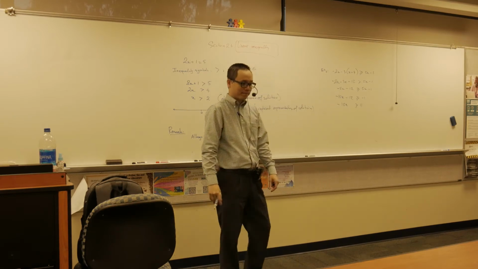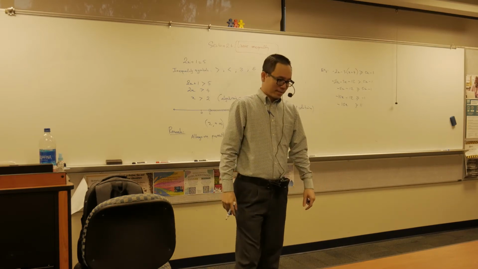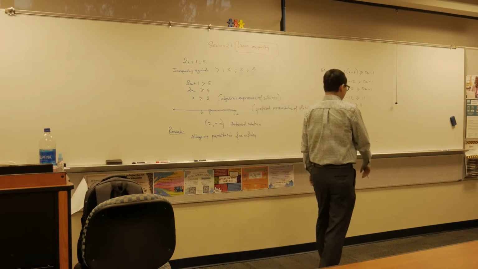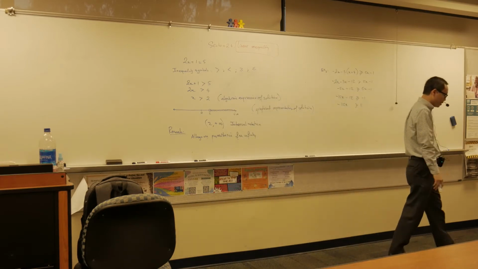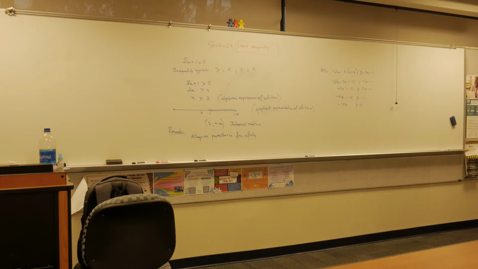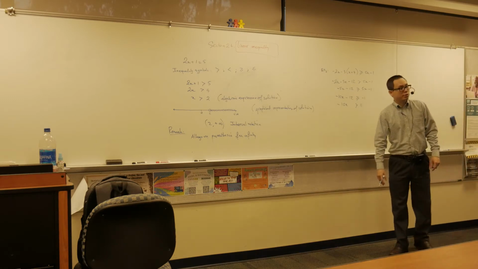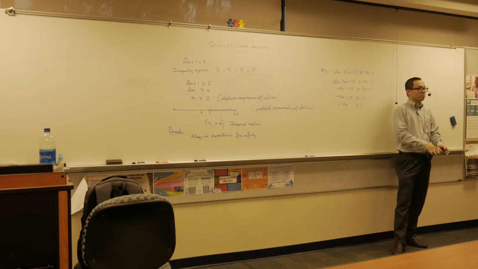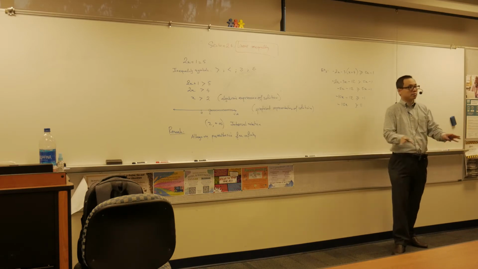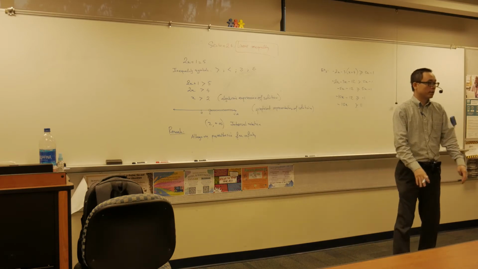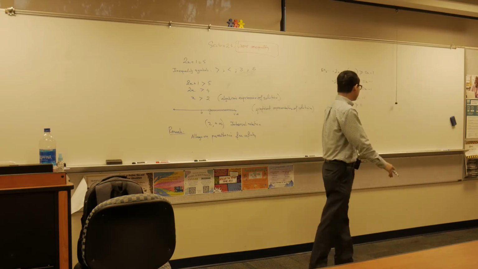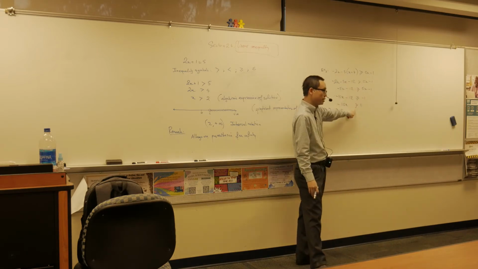Then divide by negative 10. Right over here I want you to pay attention. When you divide by a negative number while solving a linear equation, that's okay, you don't have to change anything because it's an equal sign. But now this is an inequality sign.